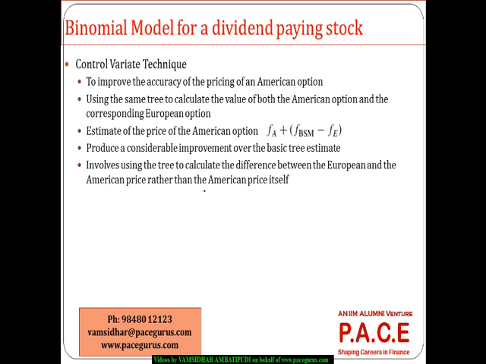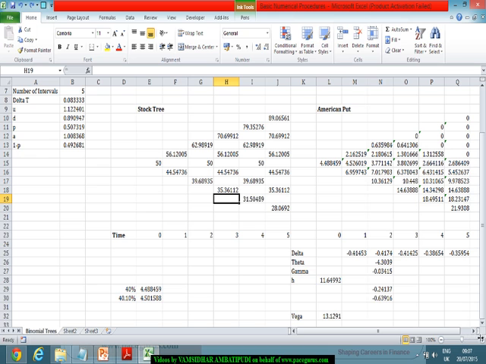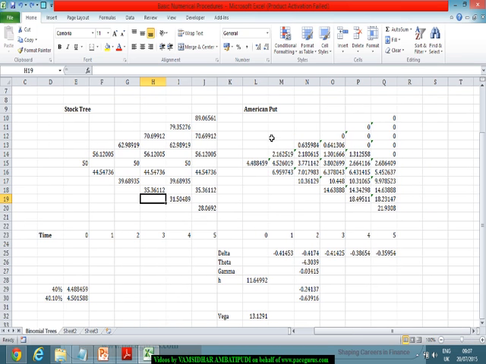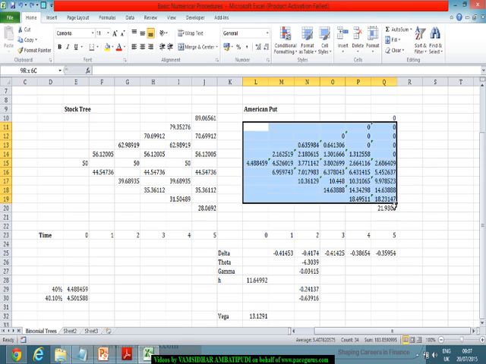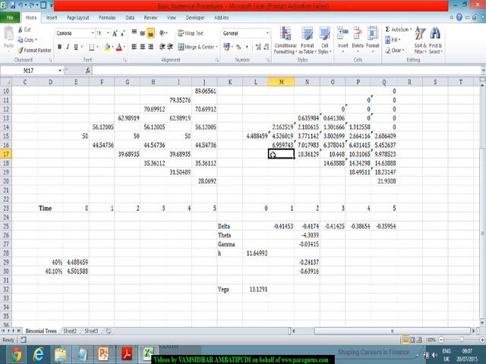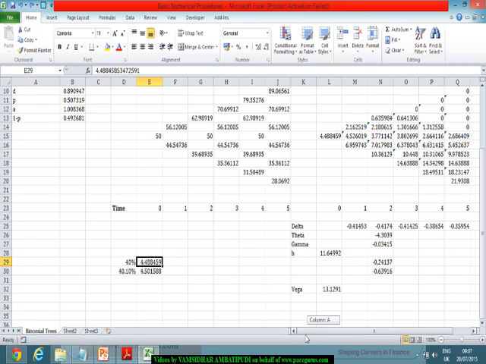And here we even talk about an important technique called the control variate technique, especially for increasing the accuracy of the American option. A good thing. Here we have taken the example and found the price of the American put option, which I got as 4.48.